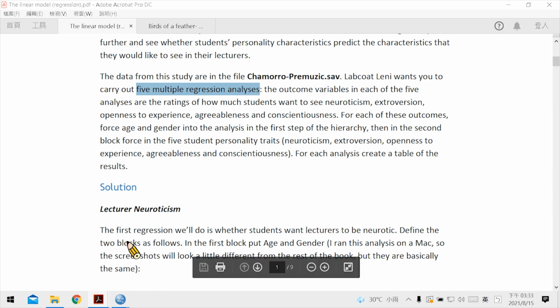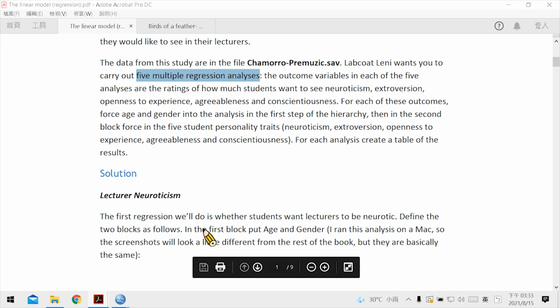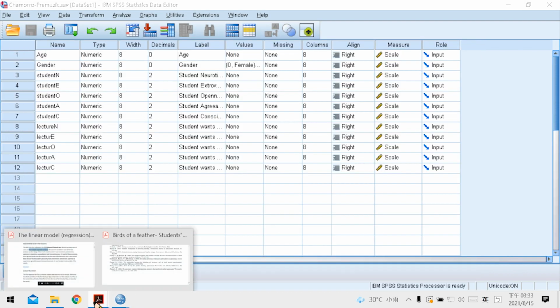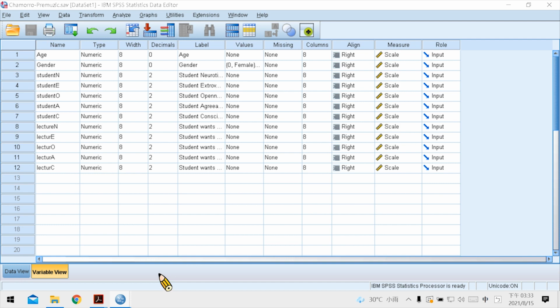We can define the 2 blocks as follows. In the first block, put age and gender. Okay, so let's run SPSS. You open this file, Chamorro, the .sav file.